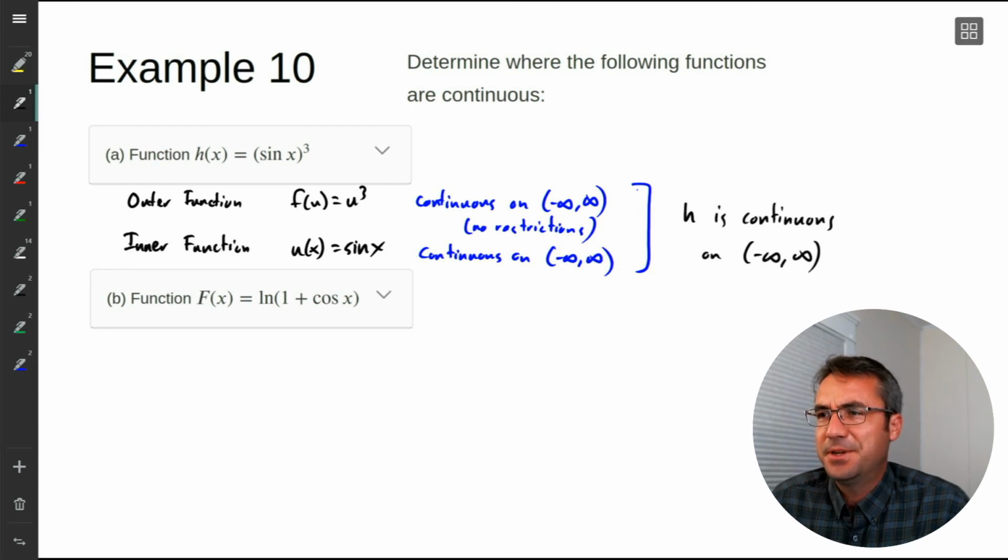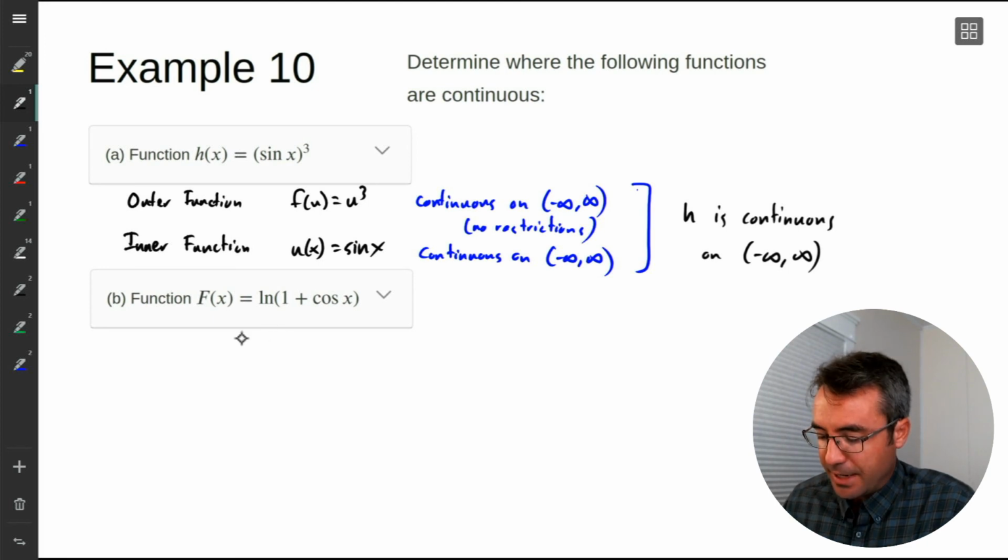All right, so good. That composite function, each of the outer and inner pieces alone were continuous everywhere. So when we combine them, the result is continuous as well.